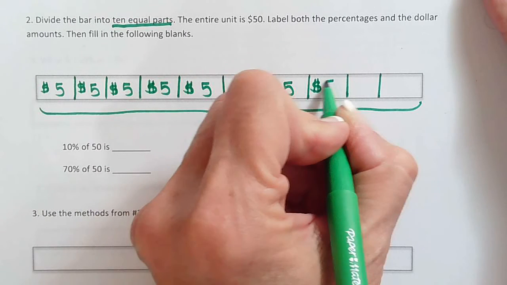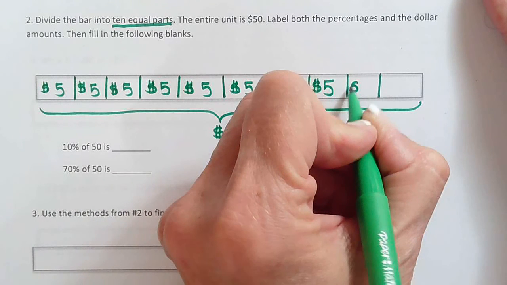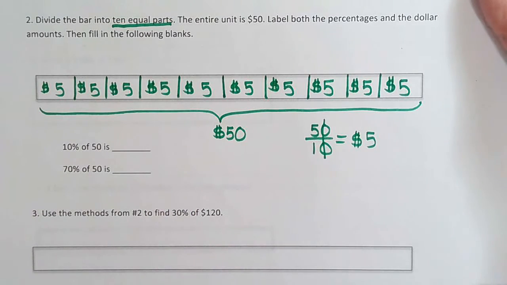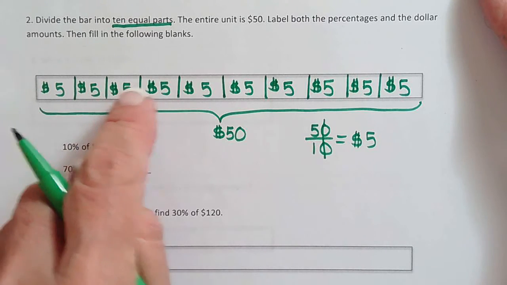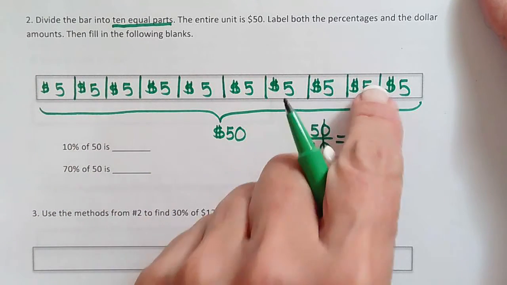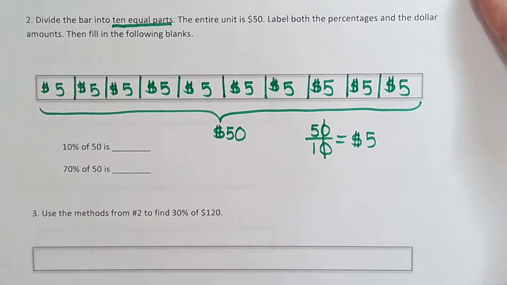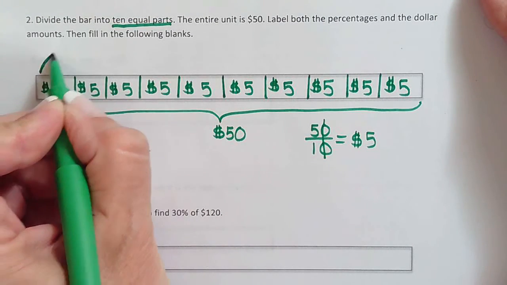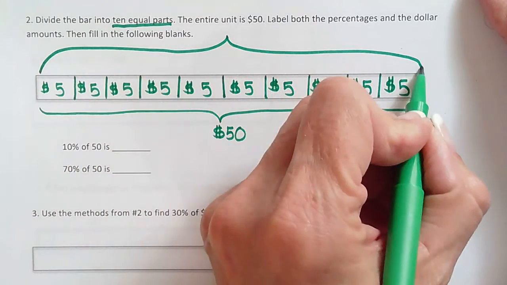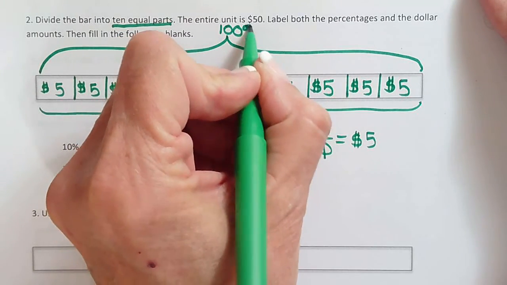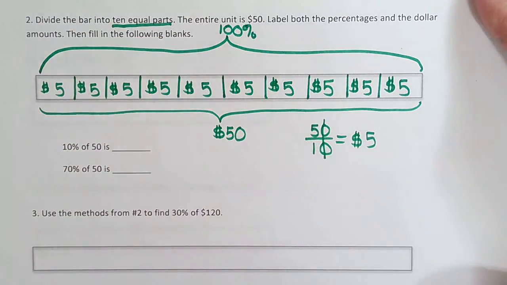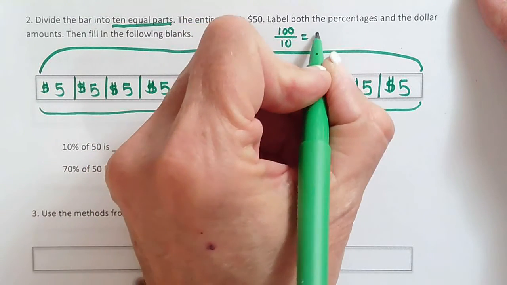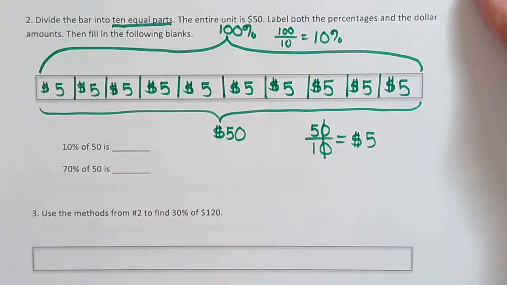You'll really think so by the time we get to the end. You'll be like, really? So if I want to check my work, I go 5, 10, 15, 20, 25, 30, 35, 40, 45, 50. Yep, that's right. Now we need to put the percents in. Well, this whole thing is 100. So if we divided 100% into 10 equal pieces, 100 divided by 10 means each piece is 10%, right?